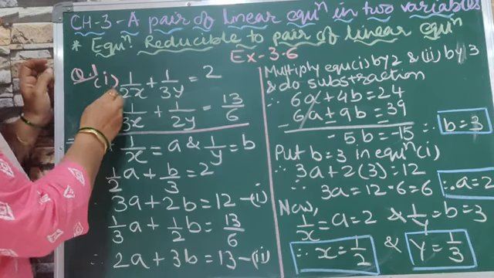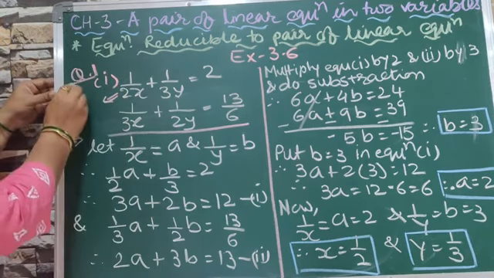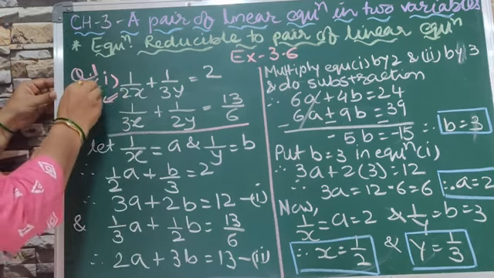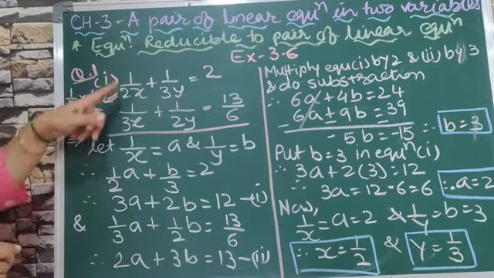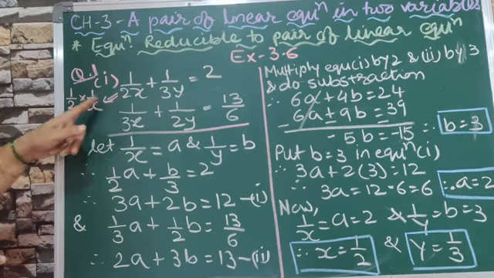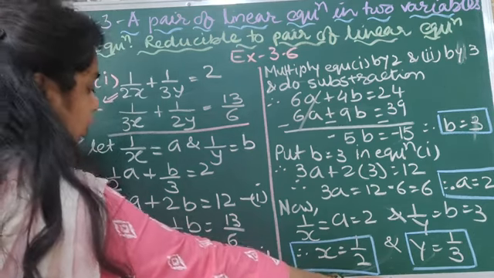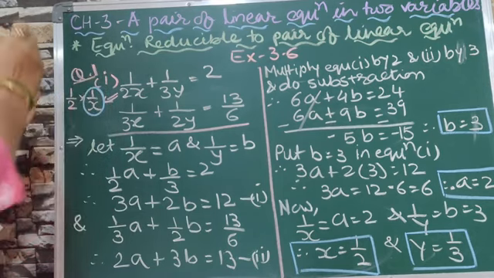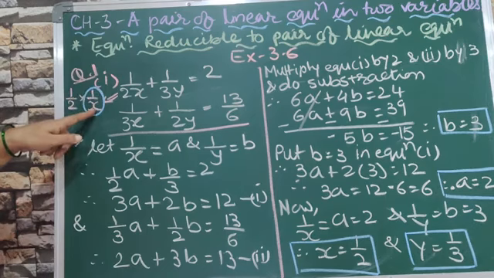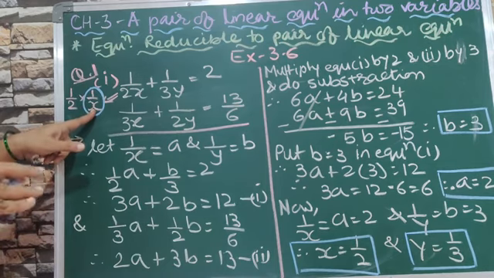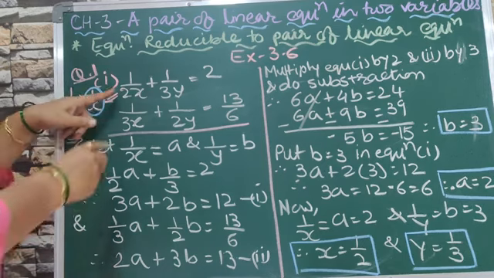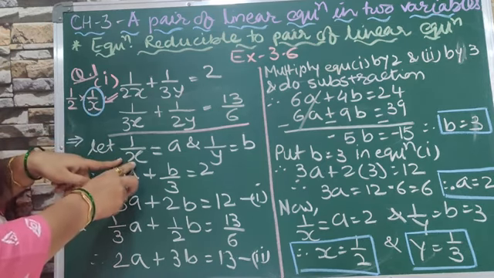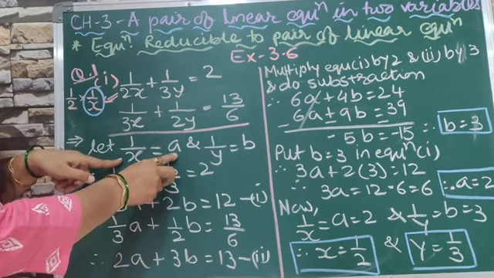Can I write this as 1 by 2 into 1 by x? Yes, I can write 1 by 2x like this, and therefore here I have to assume that 1 upon x is equal to a, or any alphabet you can pick from a to z. So here what I did, 1 upon x is equal to a.